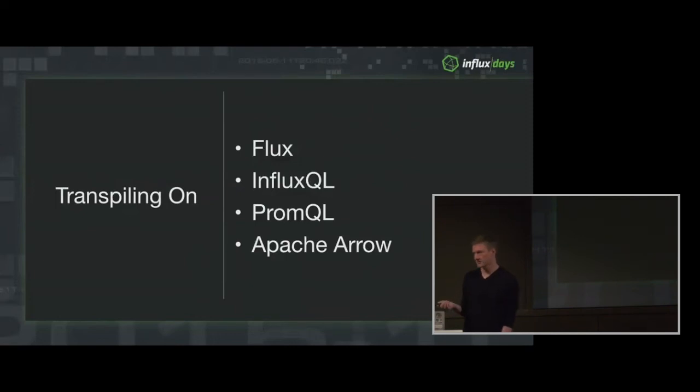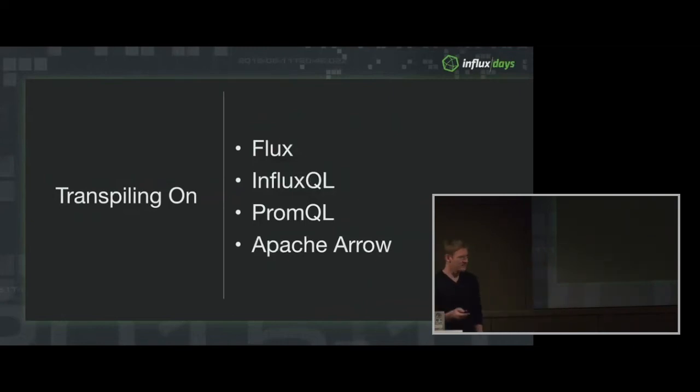And so we have a relatively working transpiler, and we'll be integrating this into the open source alpha shortly. There's also work going on to transpile PromQL along the same pattern. So if you would like to write a Prometheus query, we'll be able to support that. And we'll continue to invest in the Apache Arrow project, where we intend to make more and more of the data available through Arrow interfaces over time.